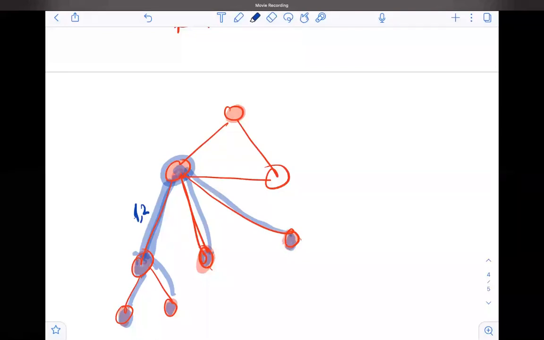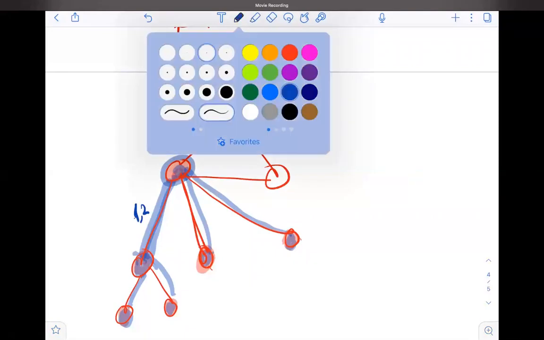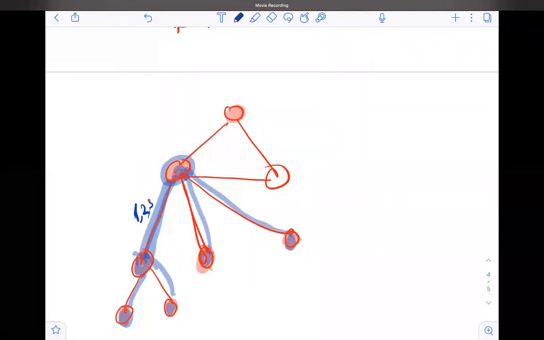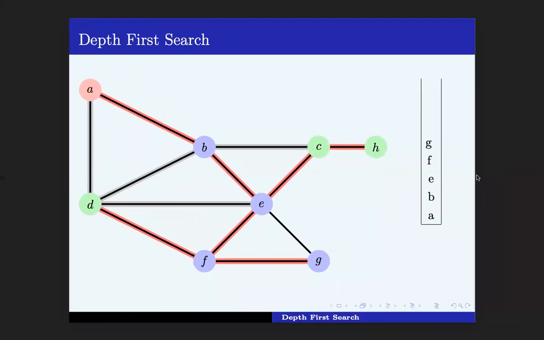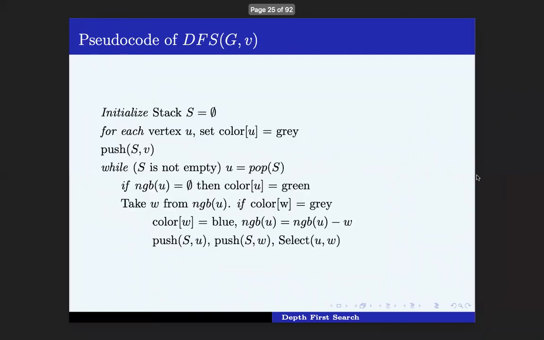Sir, but once we reach another vertex from one vertex, we are deleting it from the adjacency matrix, right? Because we are deleting from this adjacency list once an edge has been traversed.